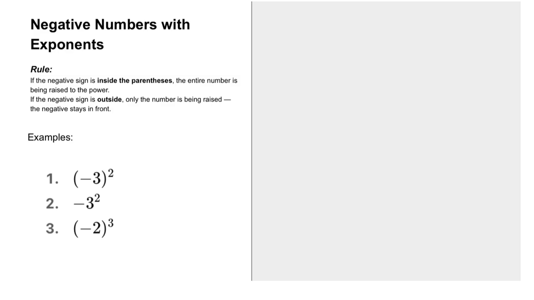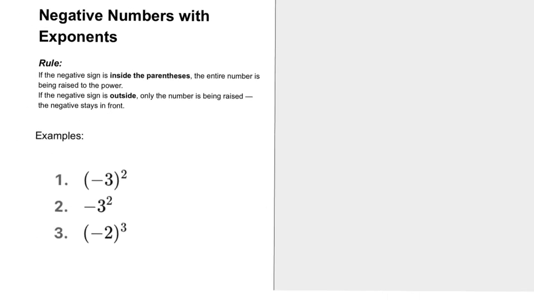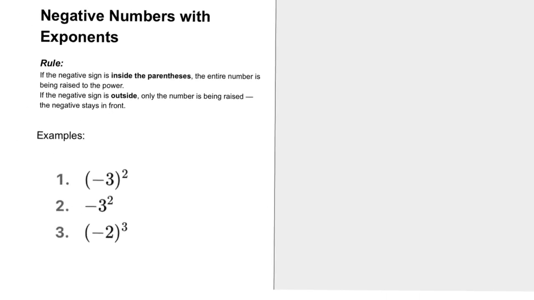So I'm going to show you here when we have -3 raised to the 2nd power and the negative is inside the parentheses, this means that we are multiplying -3, our base, twice. And so the answer will be 9.